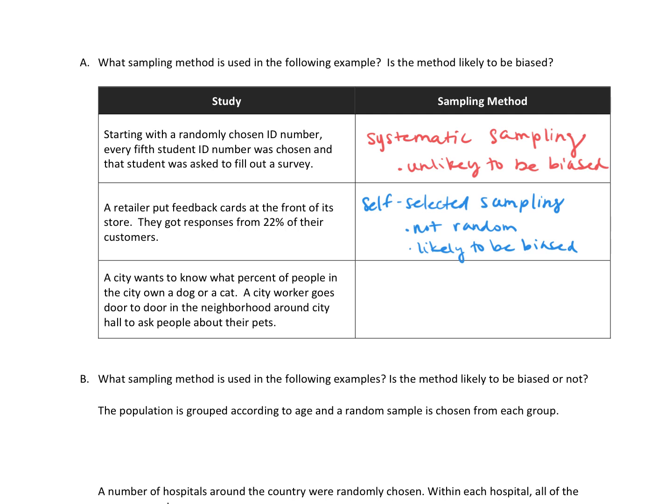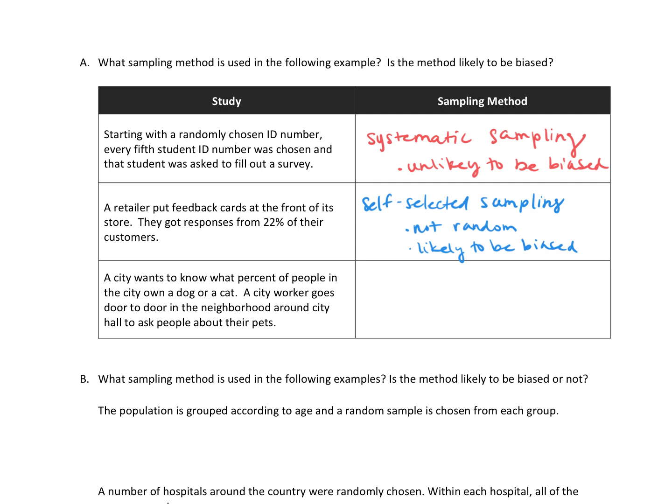All right, our next study, a city wants to know what % of people in the city own a dog or cat. A city worker goes door to door in the neighborhood around City Hall to ask people about their pets. So this city worker works in City Hall. They just went in the neighborhood close by, just the neighborhood around the City Hall to ask those people. So this is an example of convenience sampling.